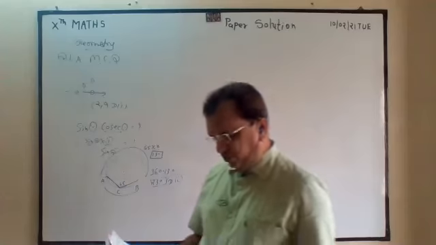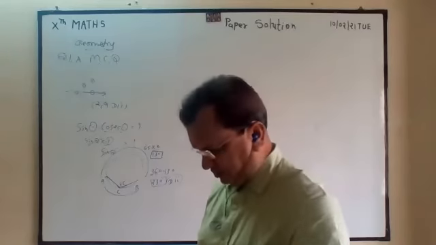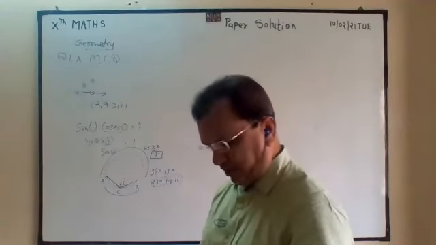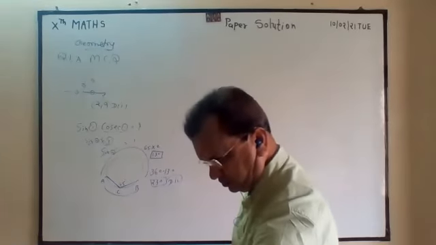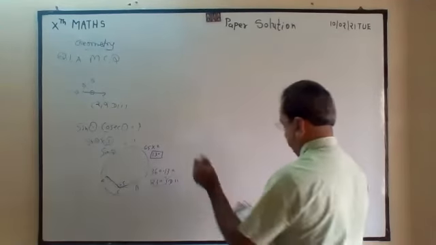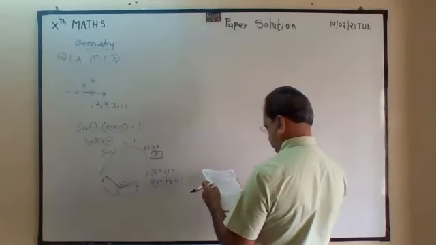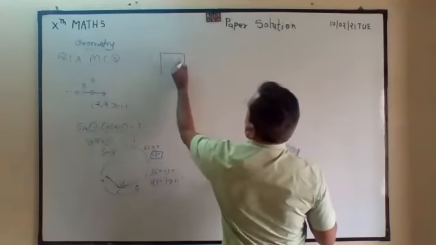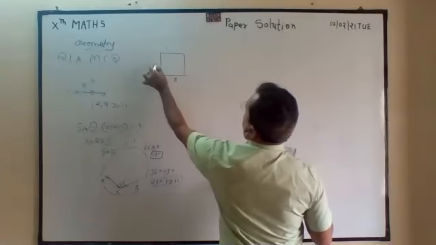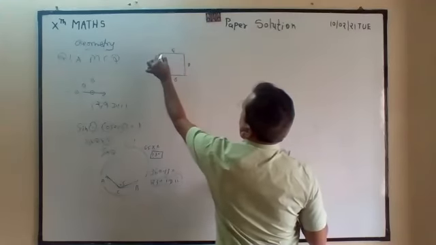Find the diagonal of a square whose side is 8. It is 8, 8, 8, 8.